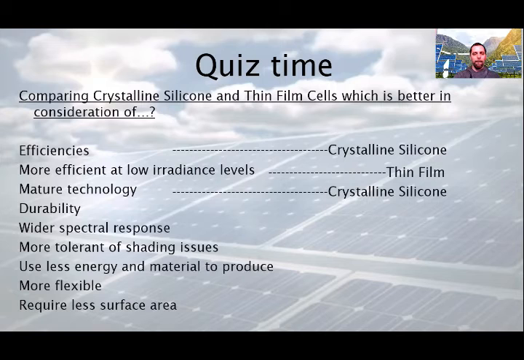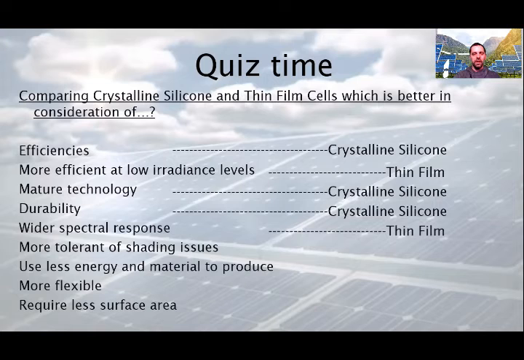Durability. Crystalline silicon is better. It has a wider spectral response. The thin films are better. They are more tolerant of shading issues. Also, thin film is better.